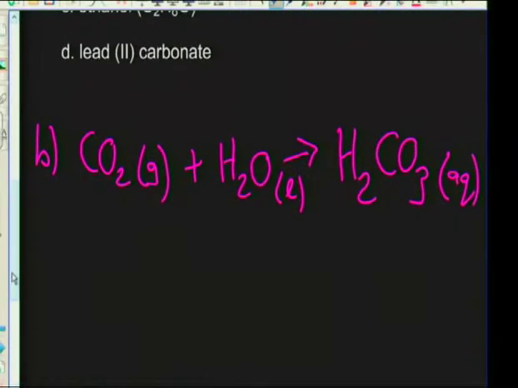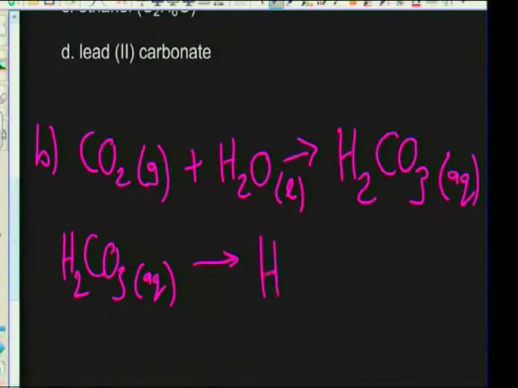But now something interesting happens. The carbonic acid molecule doesn't like to stay totally as a molecule. Not all of the molecules do this, but some of them, a small number of them, break apart to form hydrogen ions, which are in aqueous solution, plus bicarbonate or hydrogen carbonate ions.